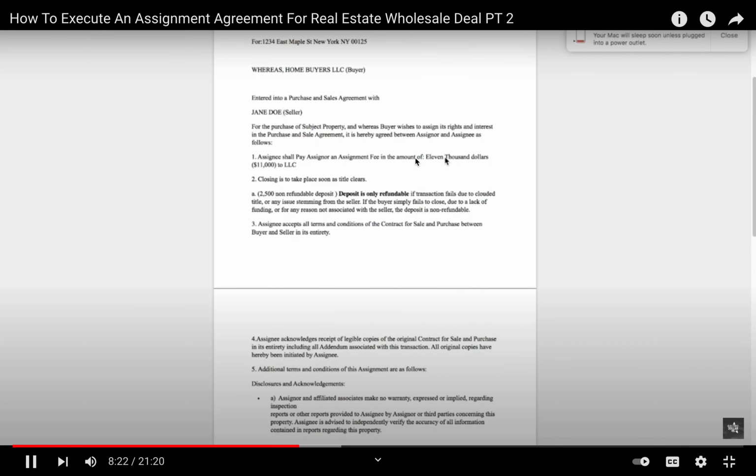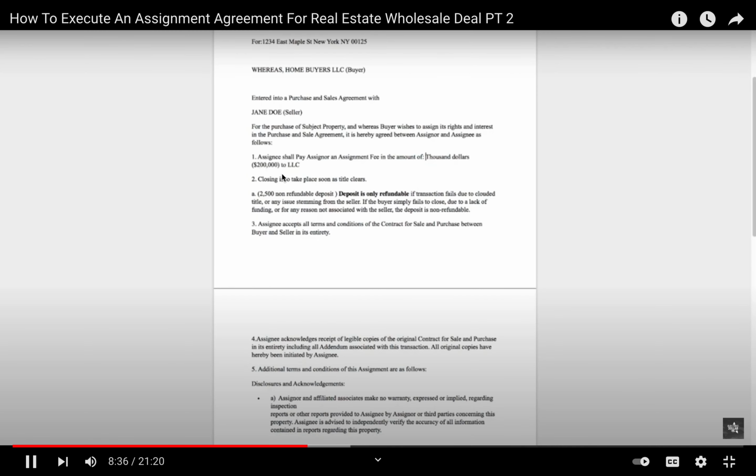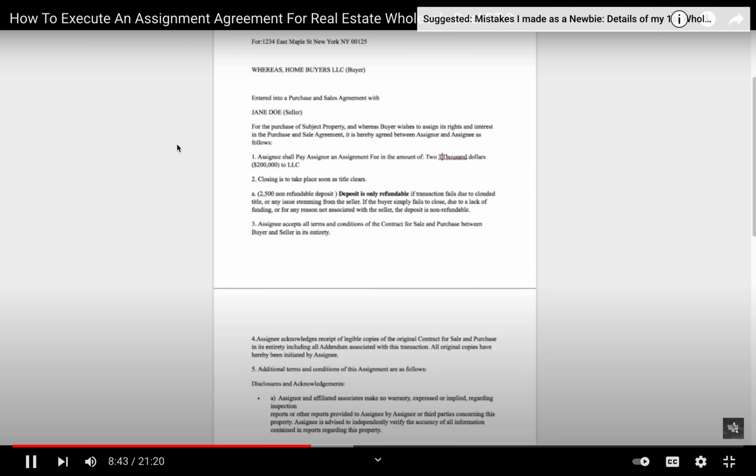Assignee shall pay assignor an assignment fee in the amounts of, and whatever the difference is between what you have it under contract for with the seller and how much you're going to sell it to the buyer for, you just put that here. You put the dollar amount. So on this example, it's $200,000, and then you have to write it out like a check, $200,000.